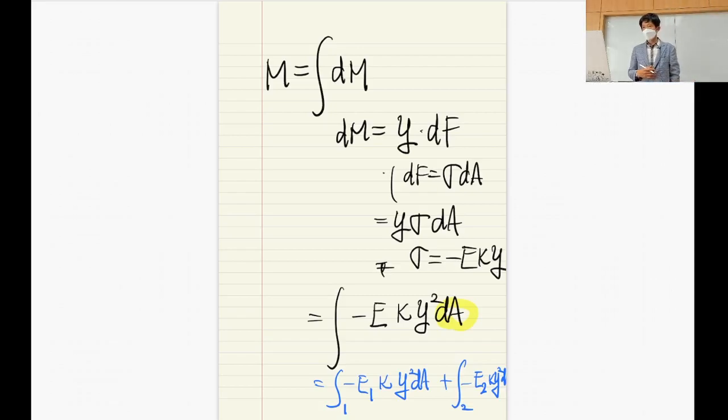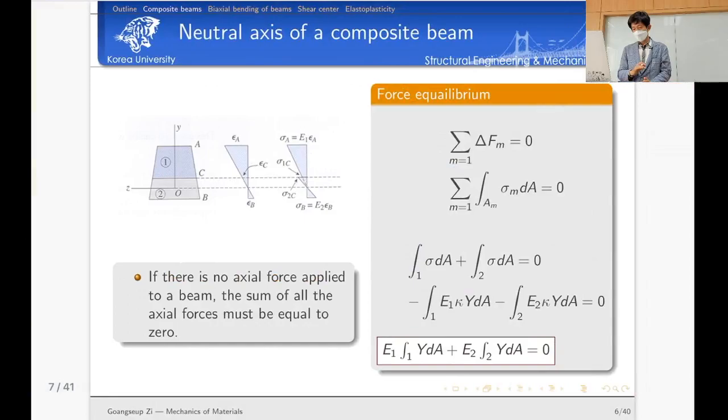Do you have any questions? Is it okay? All right. This is what I told you. Although you have two different materials, the strain is smooth across the interface, because this is our assumption regarding the kinematics, the deformation.